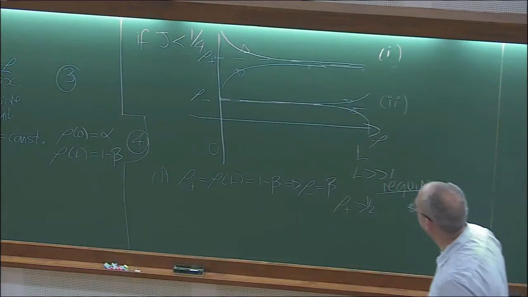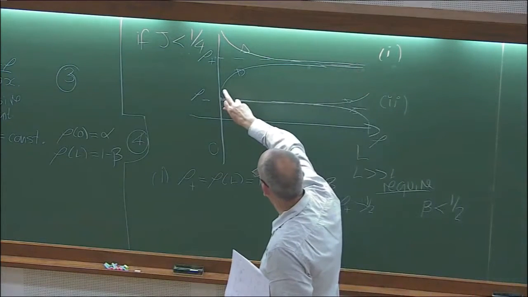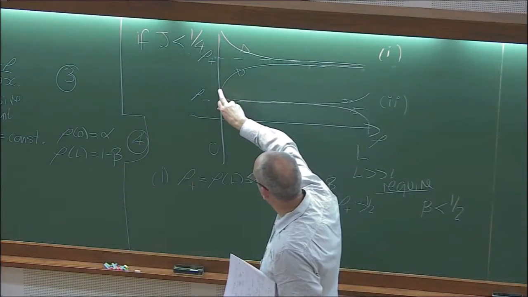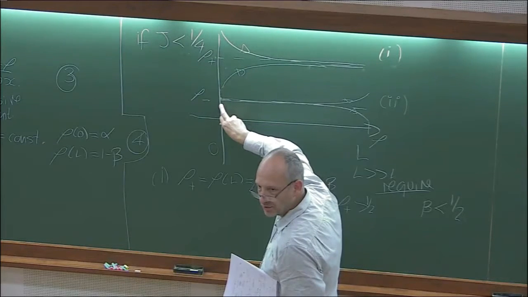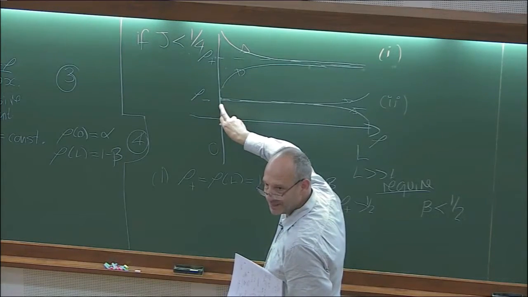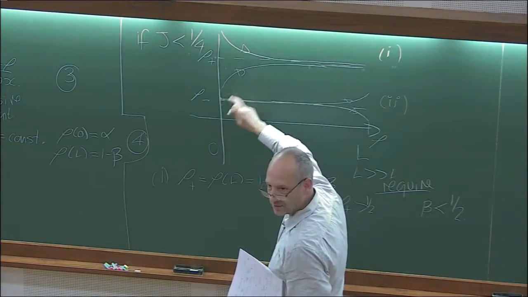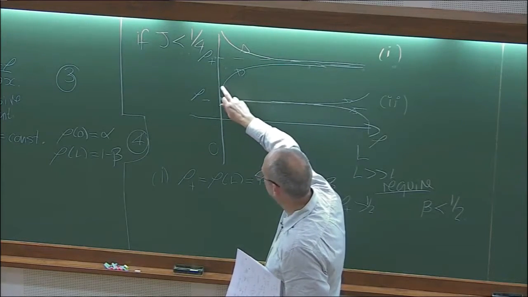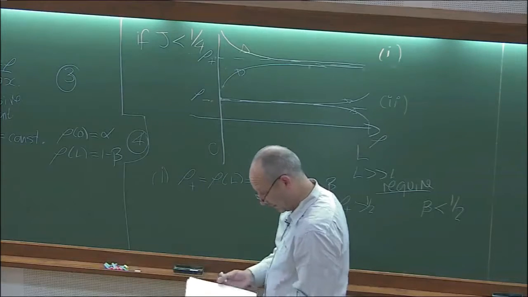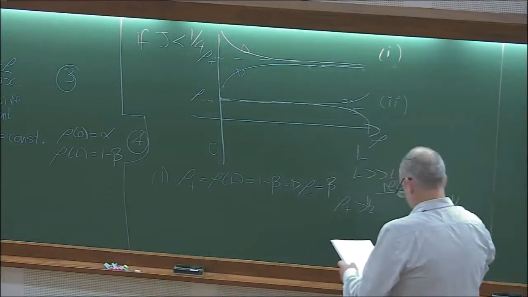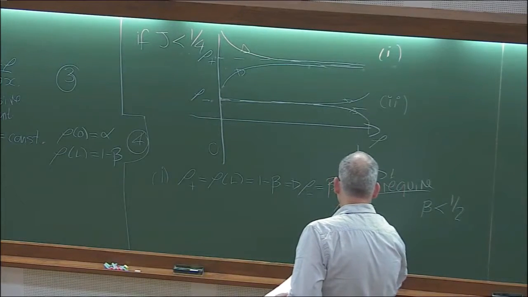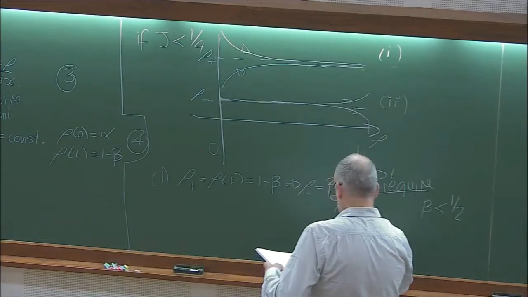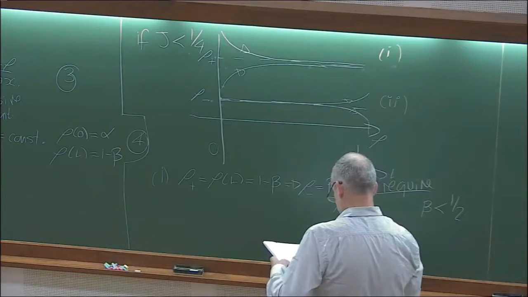The other thing I need is that rho 0 is in here. It doesn't work if rho 0 is down there, because then this is not a consistent solution, as I'm starting in the wrong place. So I need rho 0 bigger than rho minus.